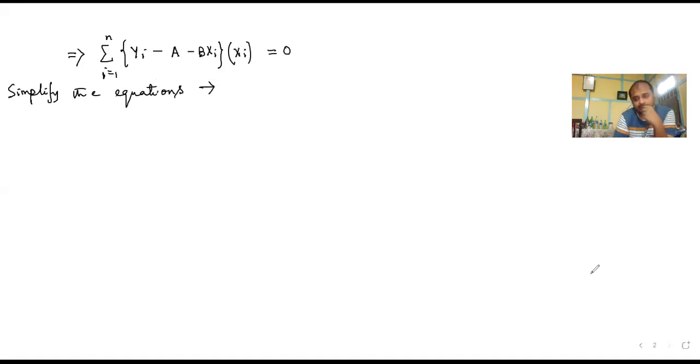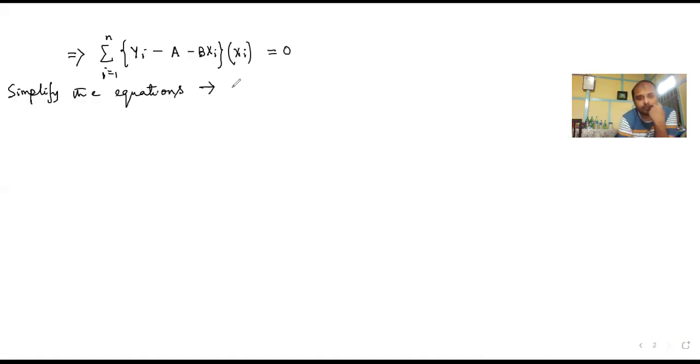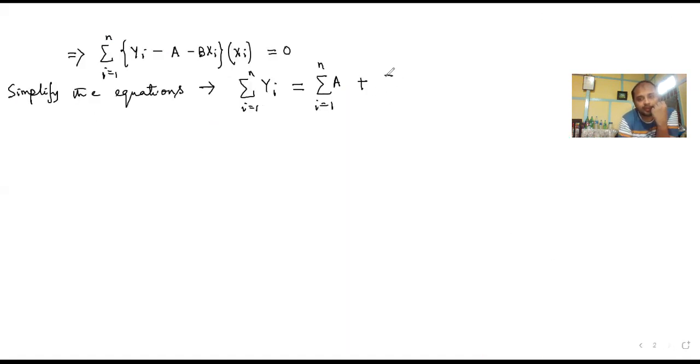from the first equation we are getting summation i goes from 1 to n of yi equal to summation i goes from 1 to n of capital A plus b times summation of xi, because b is a constant quantity which is independent of i.